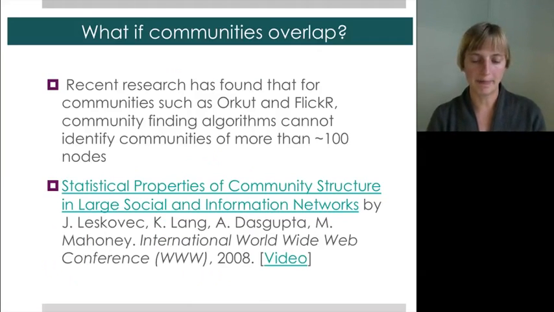One thing that I haven't mentioned that explicitly so far is that for the algorithms I've mentioned, we're really partitioning the network. We can't have one node be a member of two different communities. However, in a real-world network, this is hardly the case, right?